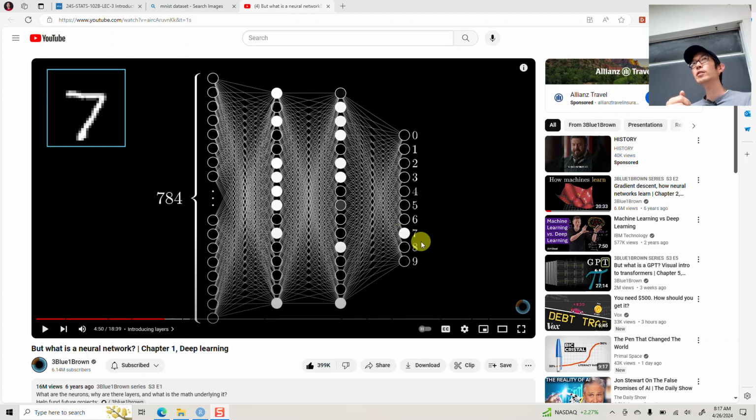Okay, so let's say the true value was the number 9. If you had only one node and one network guessed the digit 8 and another network guessed the digit 6, it would say the 8 is less wrong than the 6 as far as guessing the digit, okay?